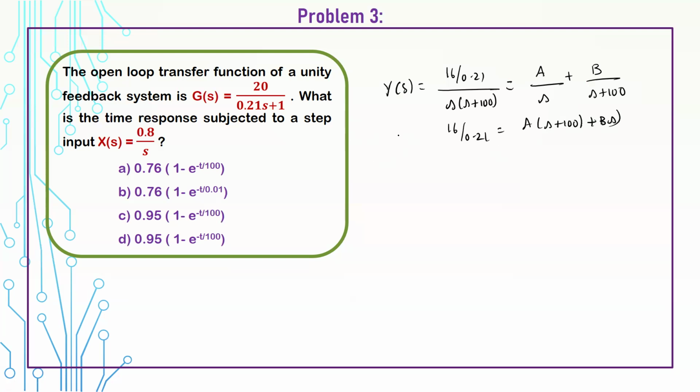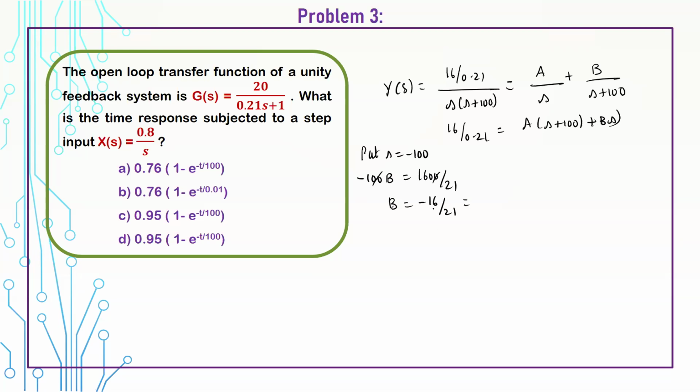For finding the partial coefficients, we can put s equal to minus 100. If you put s equal to minus 100, this will become minus 100B equal to 16 by 0.21, which is nothing but 1600 by 21. So here 100 will get cancelled. So B equal to minus 16 by 21.